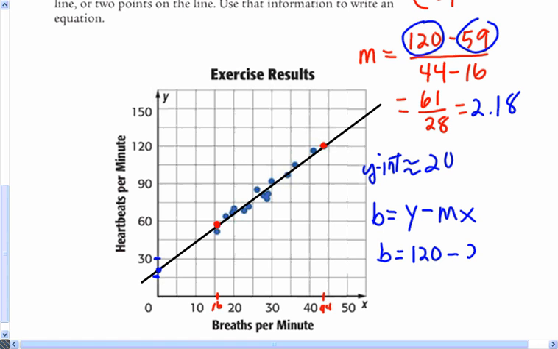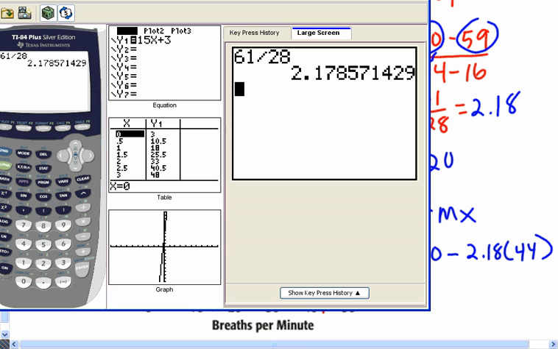And my slope I just found out is 2.18 times the x value that goes with 120, which is 44. So I need to do 120 minus 2.18 times 44. And there it is, 24.08.